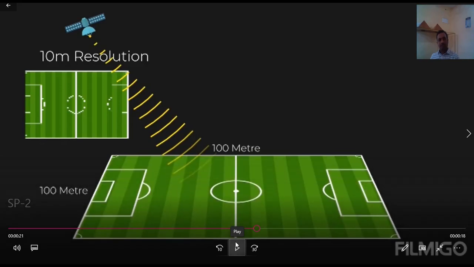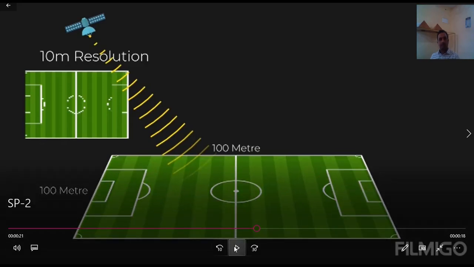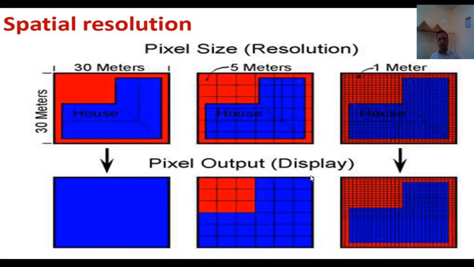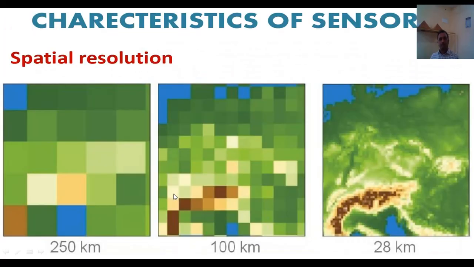Another example is 250 kilometer, where the pixel size is very high, while here the pixel size is very small, so you get some information from this image. Pixel size is equal to the spatial resolution of the satellite imagery.